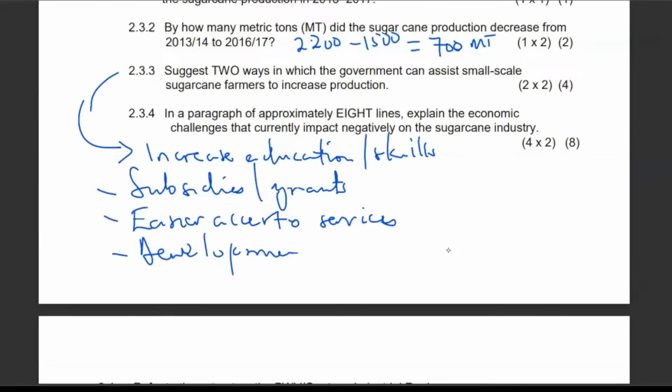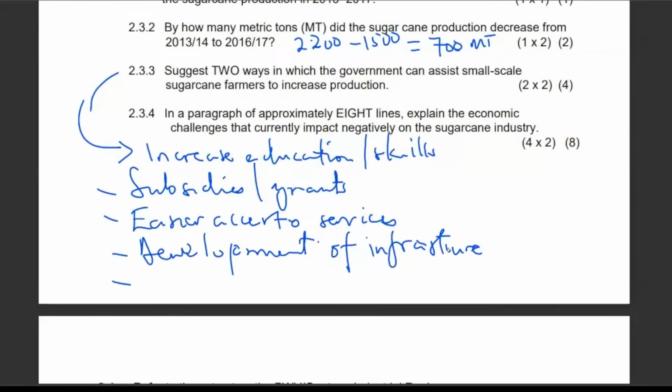The government must develop infrastructure in the areas where the farmers operate so that they can easily access whatever they need. For example, the road networks, the railway, so that they are able to transport the raw materials into their farms and also the final product, and do whatever they need to do along the provided infrastructure.